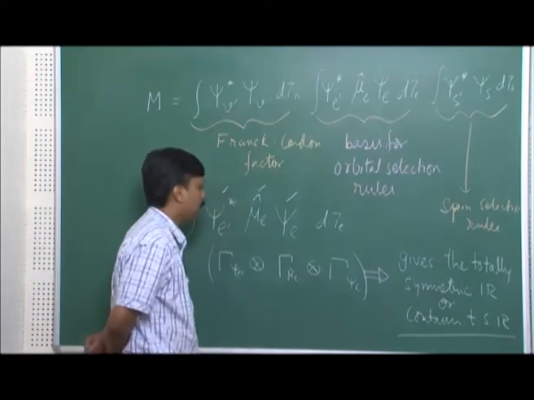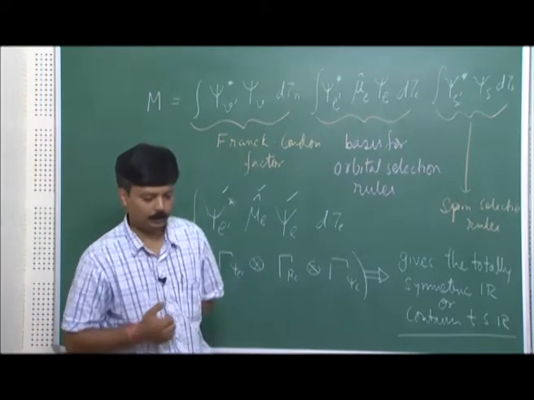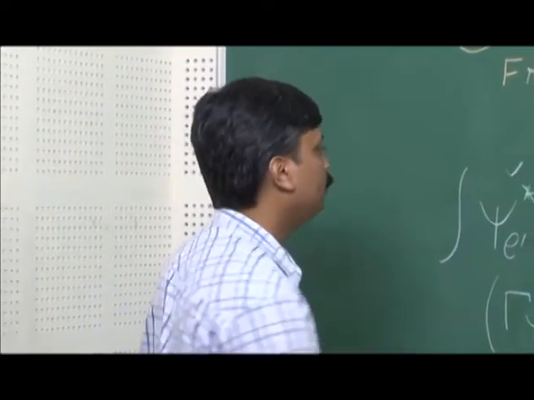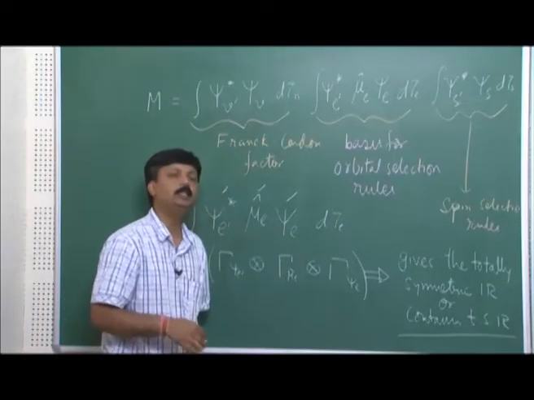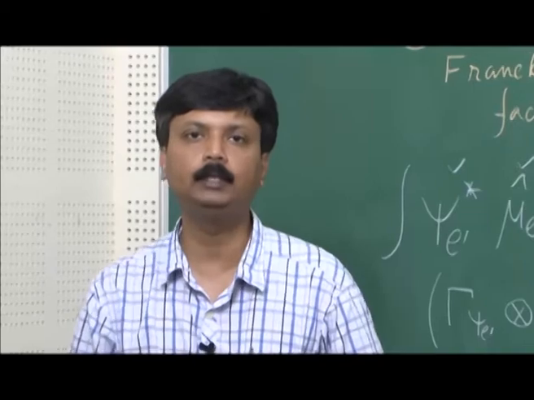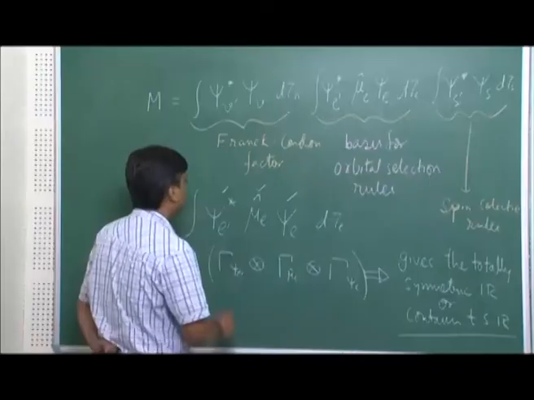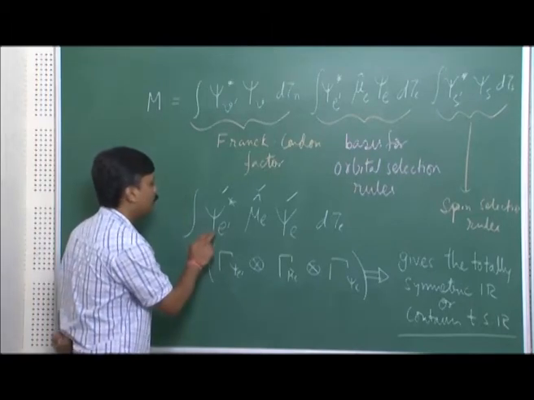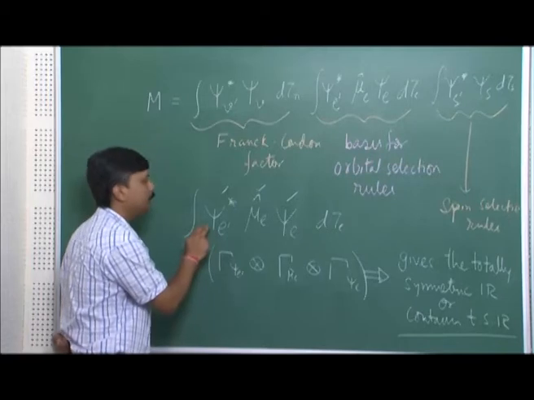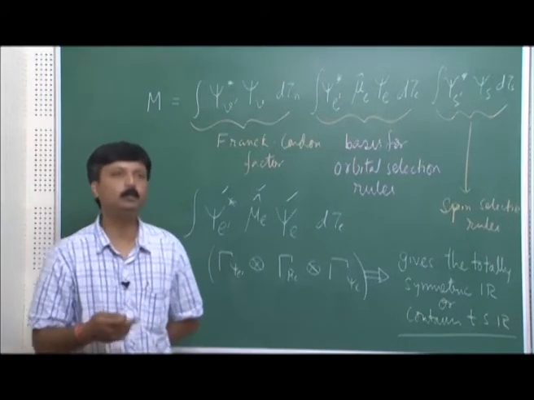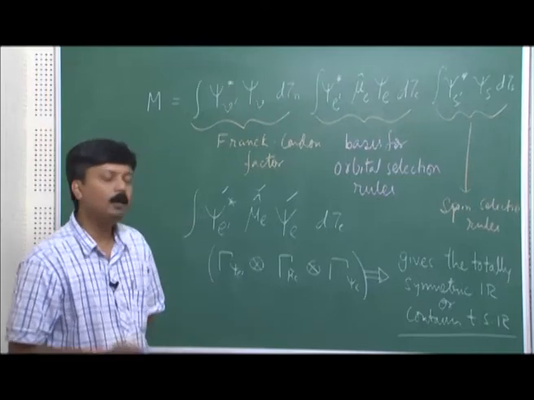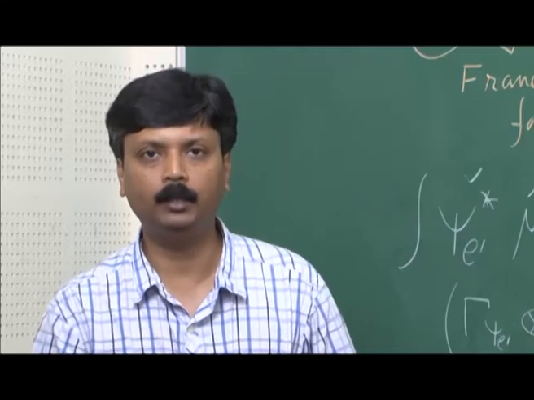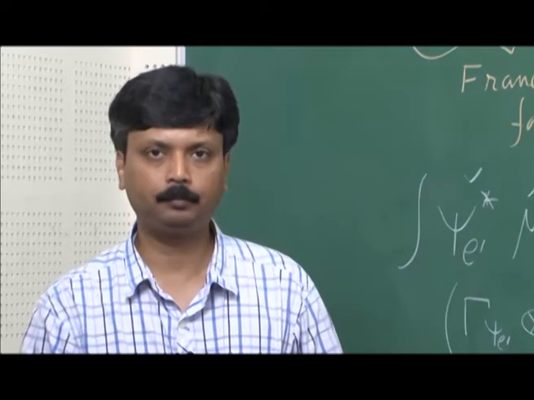Now, for an electronic transition where the ground state is totally symmetric, my solution becomes such that I will look for whether the irreducible representation corresponding to the excited electronic state contains at least one of the Cartesian coordinates x, y or z as its basis.